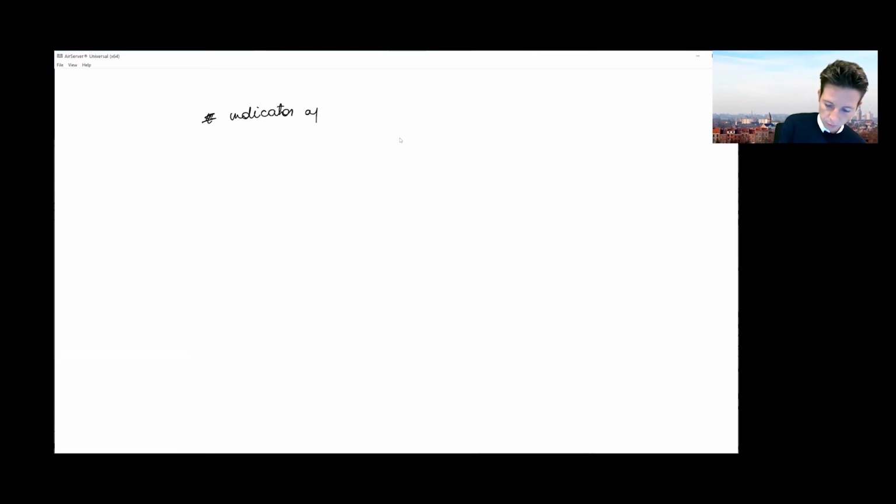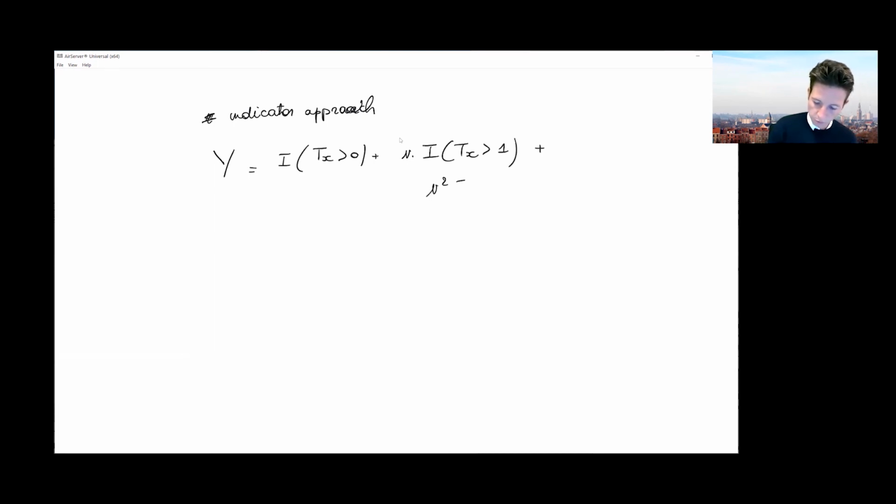So with the indicator approach, we said, well, we set the present value random variable Y for this particular product can be written as such. So we've got an indicator function which will check the condition whether the T_x goes beyond a certain value, something like this, right?